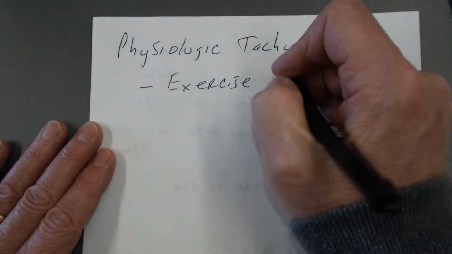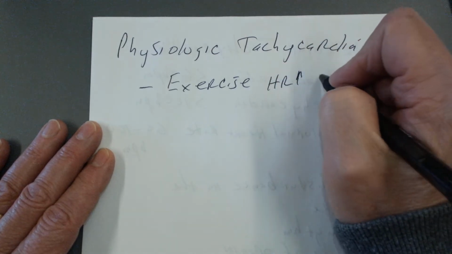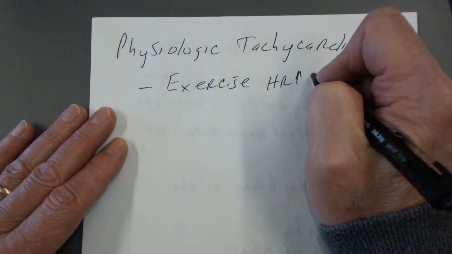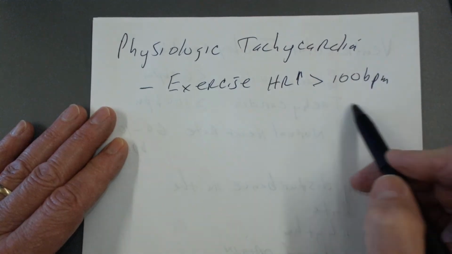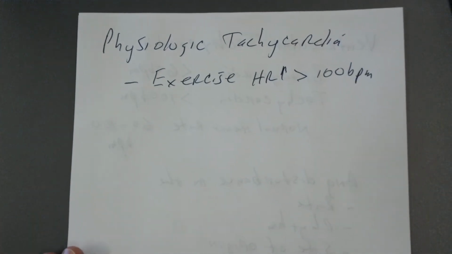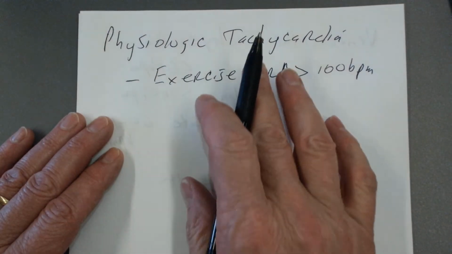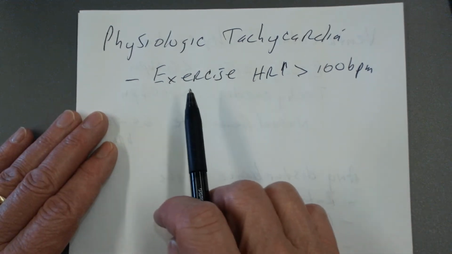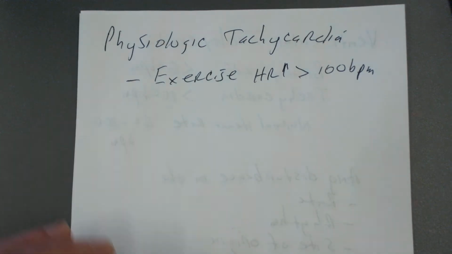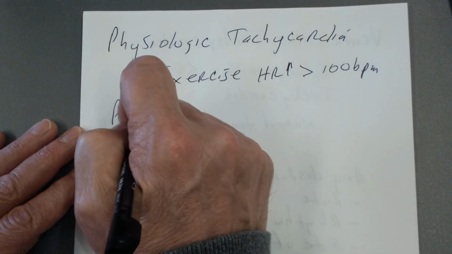During exercise, your heart rate will increase to rates that are greater than 100 beats per minute. Of course, it depends upon the intensity of your exercise, but that is physiologic tachycardia. That's an increase in the heart rate in response to the demands of your body. No big worry there.